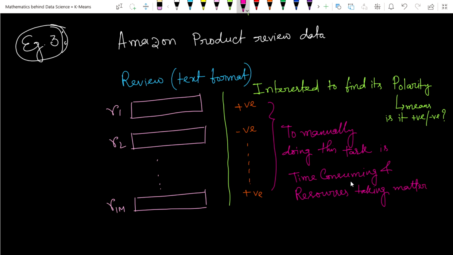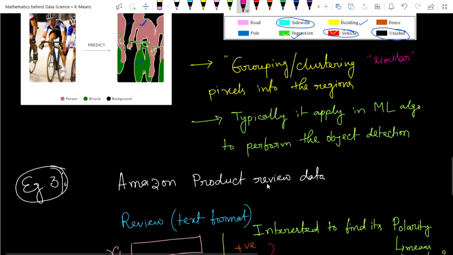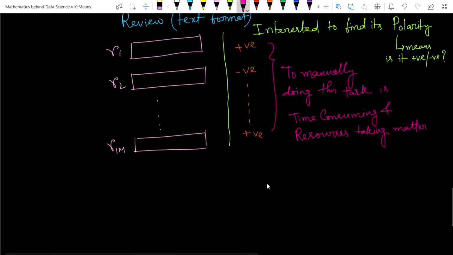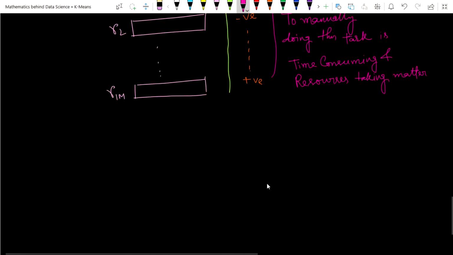For a small company, it's totally impossible to invest this huge amount of money to find simple polarity. So in such situations, this kind of algorithm comes into the picture to find the grouping. Let's try to understand how these things actually work.